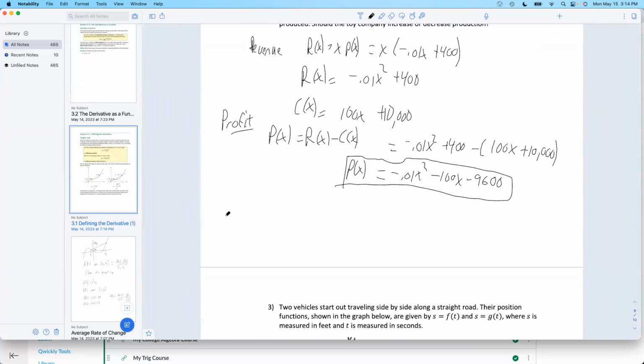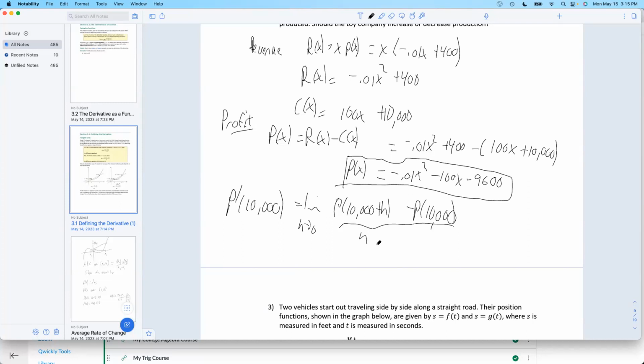So I want P prime of 10,000. So that would mean doing the limit as h approaches 0 of P of 10,000 plus h minus P of 10,000, all over h.